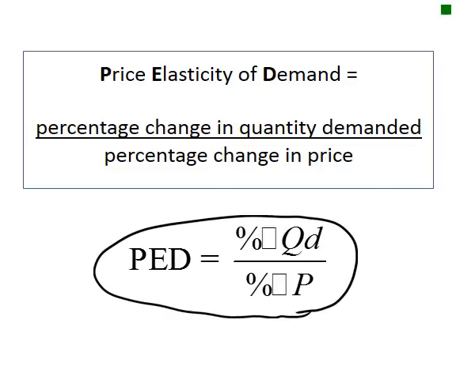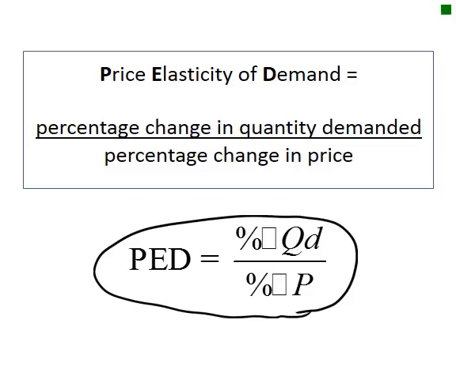The price elasticity of demand equation is percentage change in quantity demanded over percentage change in price. A short form for this is percentage delta quantity demanded over percentage delta price, delta being change in.